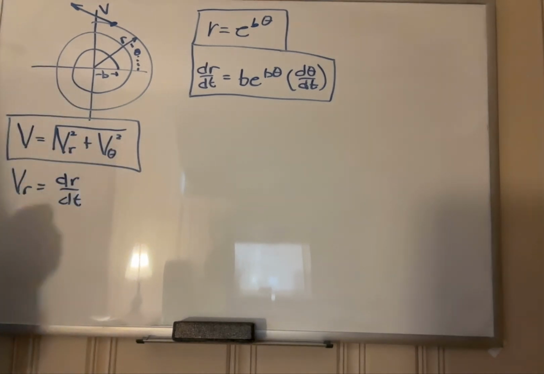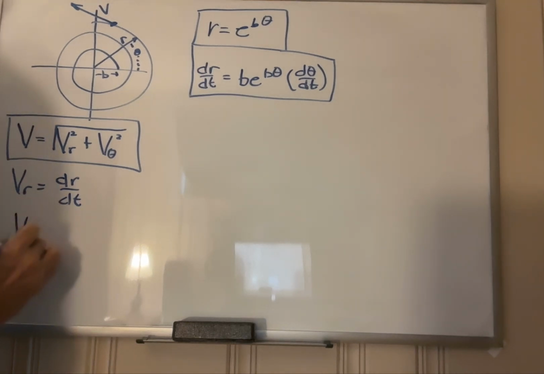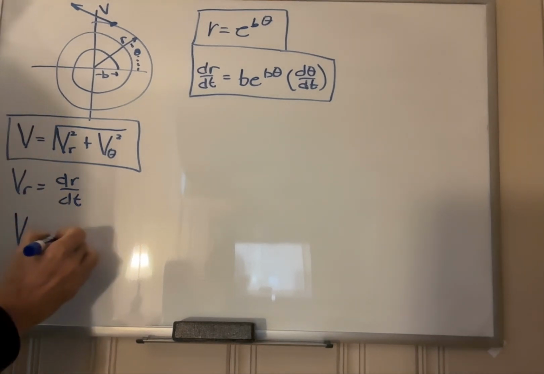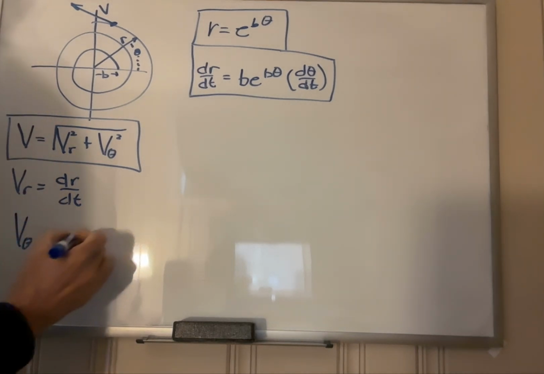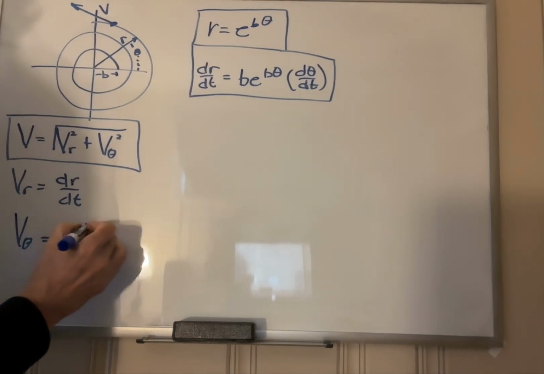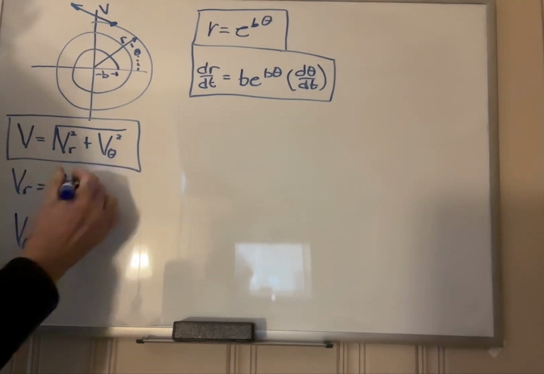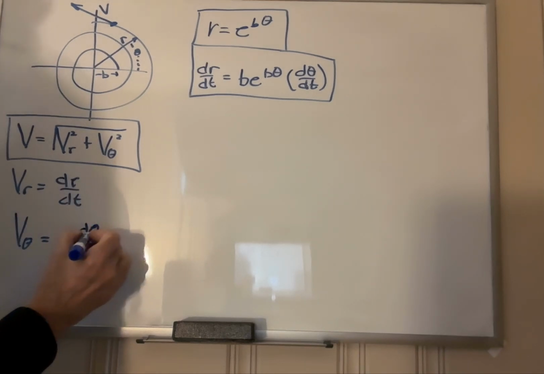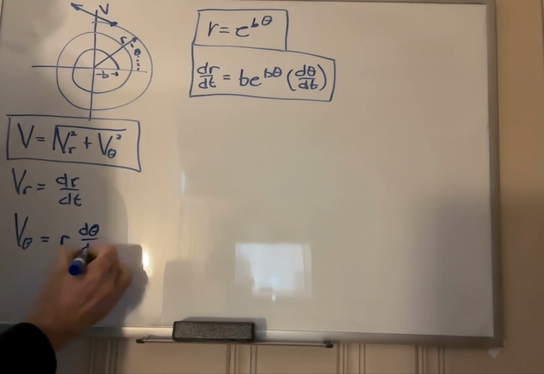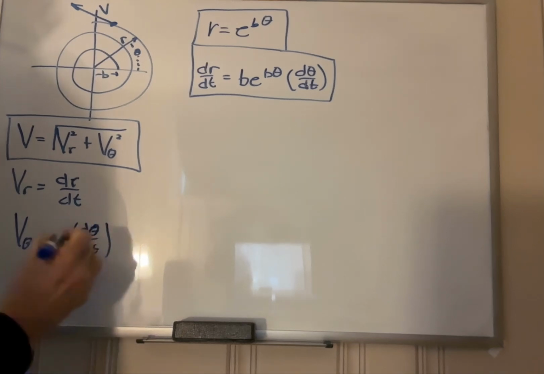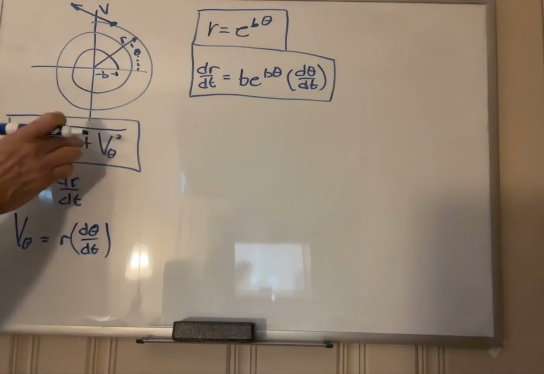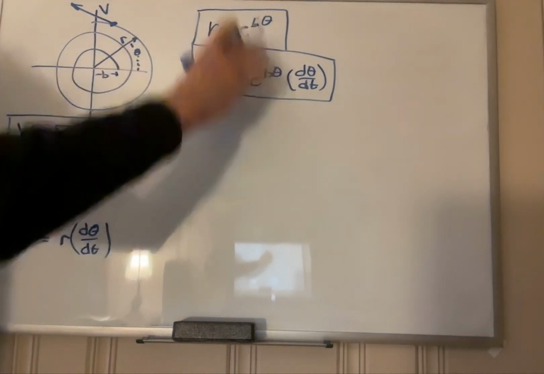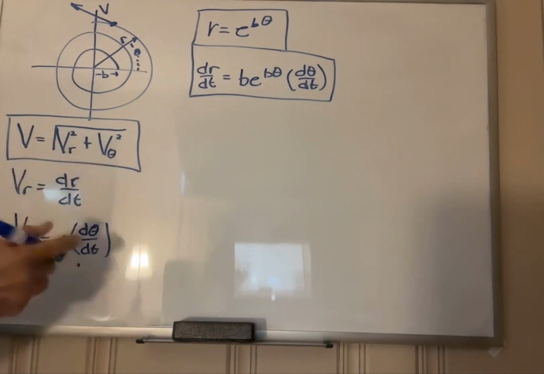In linear motion, v_theta is just r times dθ/dt. All right, so if we plug these into this, and we already have all of our information, we should get our v.